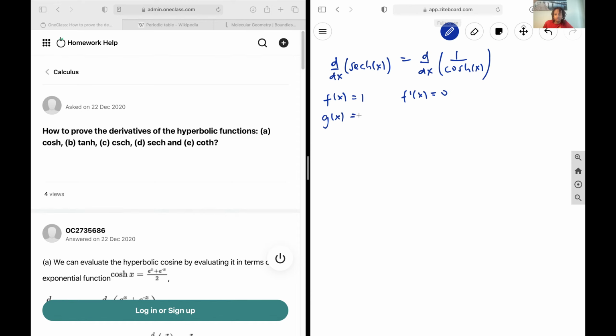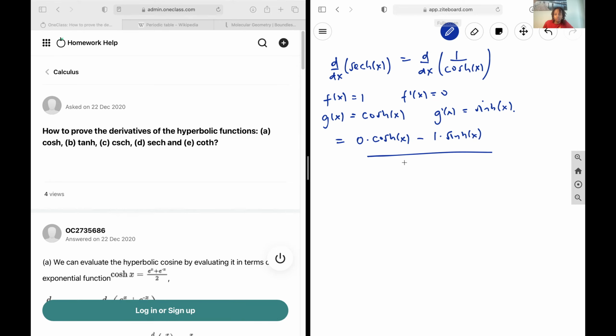G of x is equal to the hyperbolic function for cos of x. And we found that the derivative of that is, of course, the hyperbolic function for sine of x. And so we're just going to plug that all into our formula for the quotient rule, and that will become 0 into that minus 1 into that.